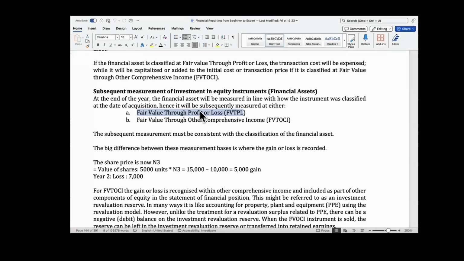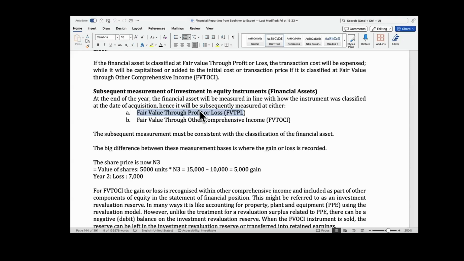Okay, noted. Now, I really want you to note these subsequent measurements, because the way we have classified is the way we have measured at the end of the year. Like I've mentioned, the difference between fair value through POL and fair value through OCI at the end of the year is just how you treat the gain you make. When you buy shares, you are aware that the share prices fluctuate, up and down.